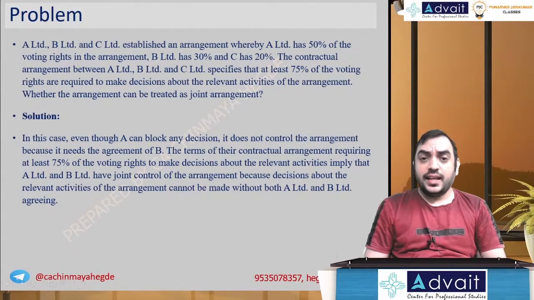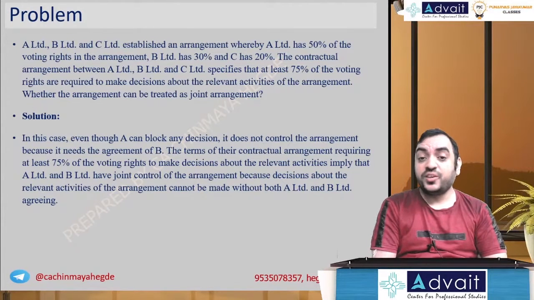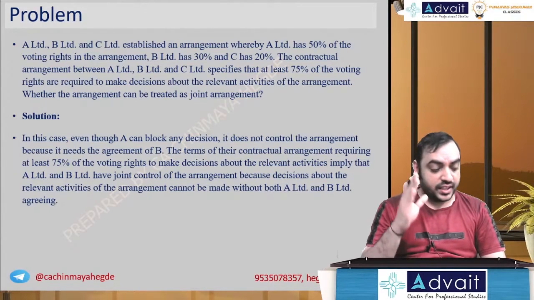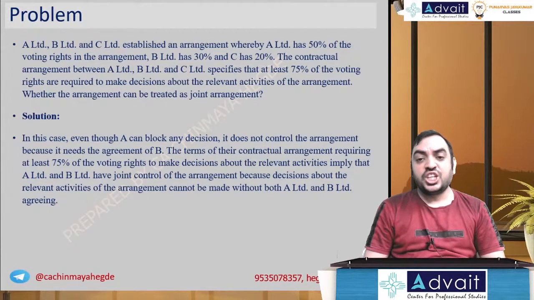Next one. A Limited, B Limited, and C Limited establish an arrangement whereby A Limited has 50% of the voting rights in the arrangement, B Limited has 30%, and C Limited has 20%. So 50, 30, 20. The contractual arrangement between A, B, C specifies that at least 75% of the voting rights are required to make a decision about the relevant activities.